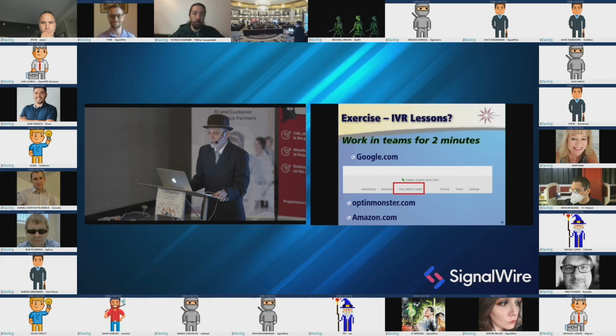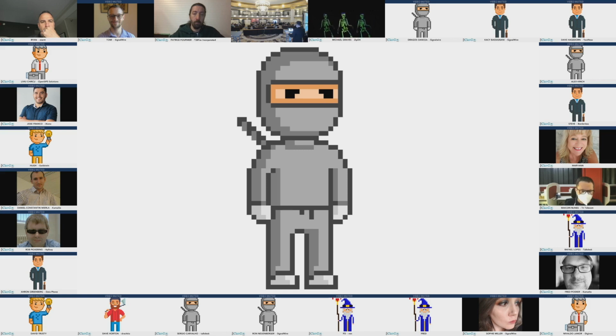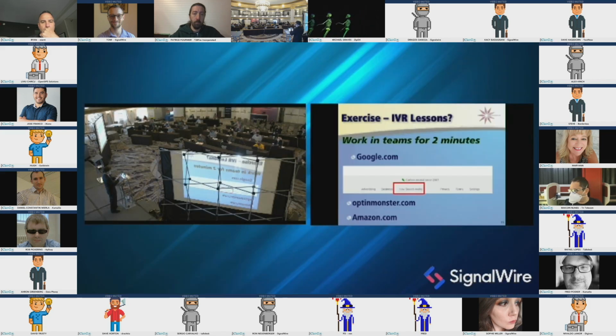If you look at the bottom of the Google search page, there's a little box that says how search works. So that's one example of something I would like to see what people think about. There's something called optinmonster.com. Once again, I typed in something and showed that. And then there's amazon.com, which is a website some of you may have heard of.